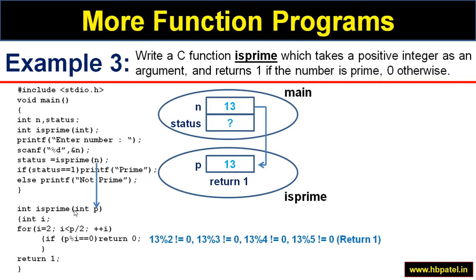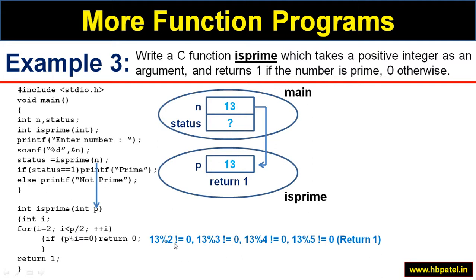Now let's check if the number n is 13, so i equal to 2, i less than 13 by 2. 13 by 2 is actually 6.5, but because it is integer it is 6. So i equal to 2, i less than 6, that means up to 5.